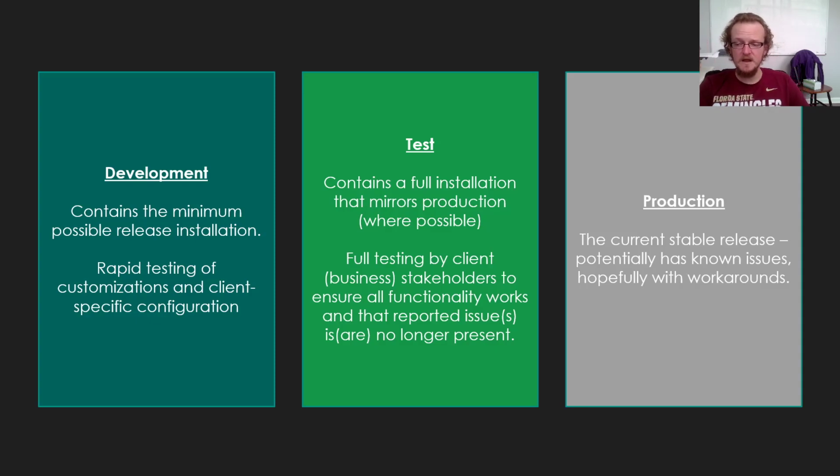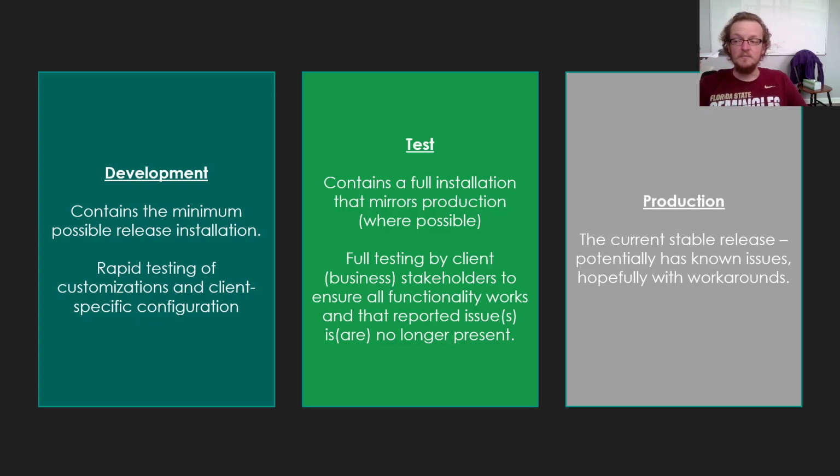In this environment, you want to make sure that business people, the people in the business team, are actually testing, particularly items that they have already raised. If they found a bug, you obviously want them to test to make sure that bug is no longer there, but you also want them to perform effectively a smoke test to make sure that all of the core functionality is still working on the new version, and you're not going to have regression effects that are going to cripple the company once they promote from test to production.